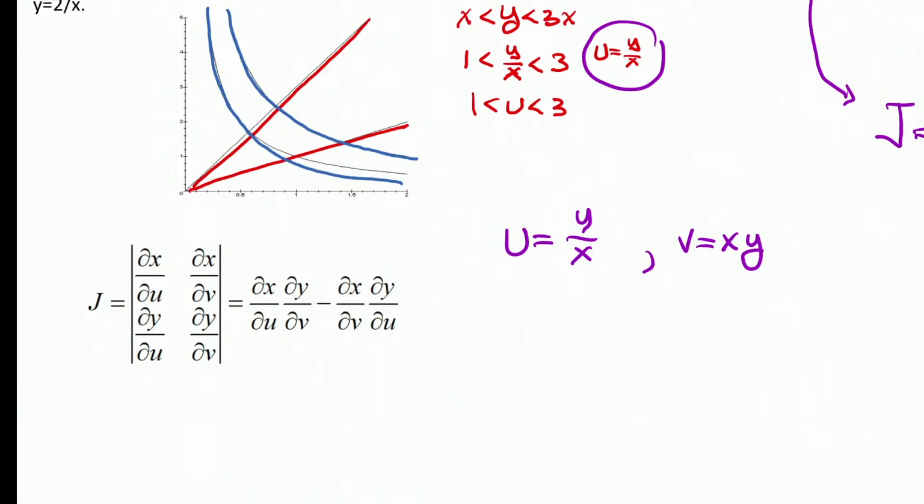So I need to solve those two for x and for y. So maybe I could do this. Let's multiply both sides of the first equation by x. So I have xu is equal to y. And then I'll plug this in to the second equation, which gives me v is equal to x squared times u.